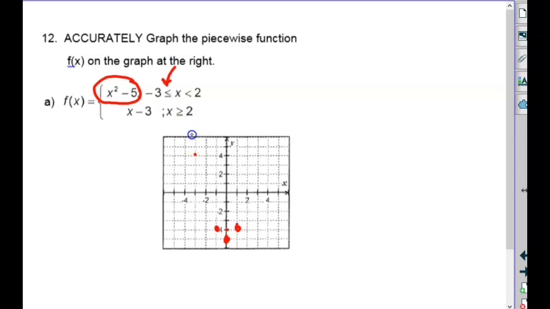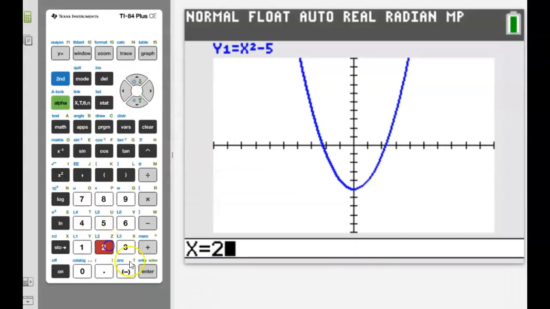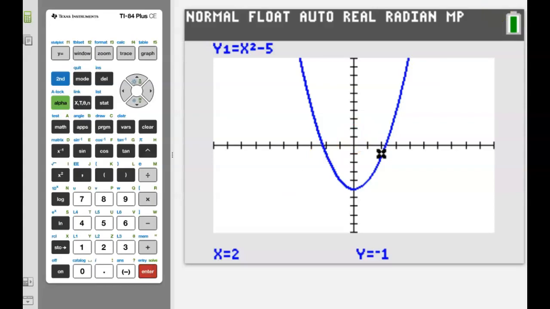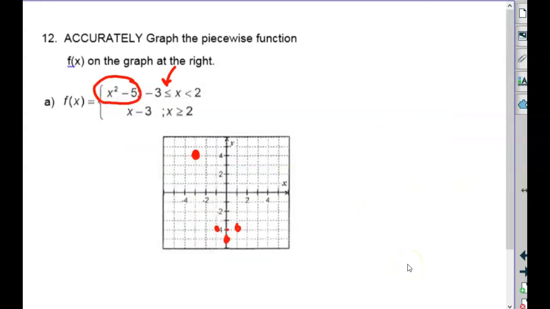It was at -3, so it's solid because of the or equal to. But this one is open at 2. If I go back to my calculator and put in a 2, it says 2, -1 is where I'm going to go to. And that one's open. So the calculator did help me get some points.